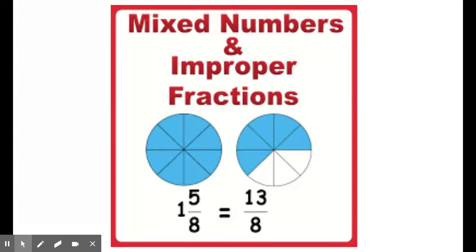So in the mixed number, 1 represents the whole, and 5/8 represents the second circle. In the improper fraction, it's 13/8, and that's where we're going to find it be a little bit tricky. Not 13 out of 16, 13 out of 8. So the denominator is the number of parts in one whole.